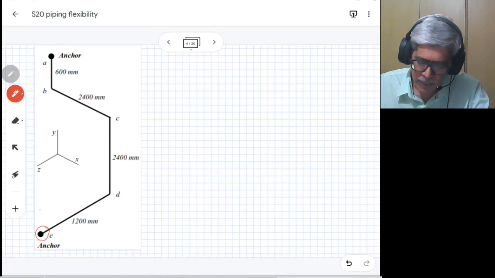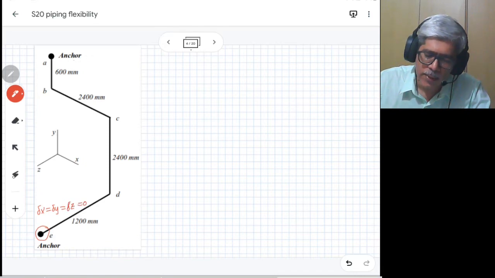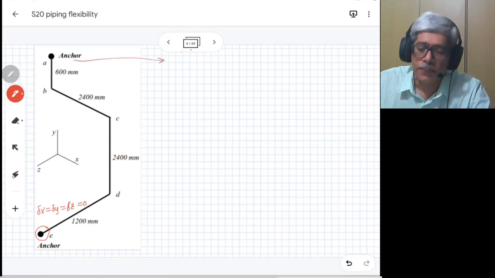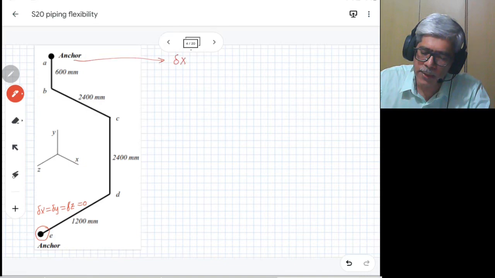So at this point, delta X, delta Y, and delta Z are all 0. Whereas at anchor A, let's say we have been given delta X is not 0, but plus 3 millimeters.